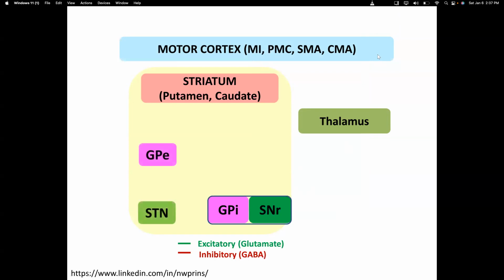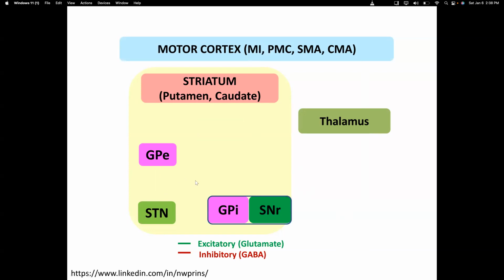Right, next we come to the indirect pathway. Now this is where the GPE and the STN come in. Here, again, the motor cortex. I talked about how the usual connection from the GPE to the STN is an inhibitory connection. And what we want to do in activating this pathway is to inhibit this inhibition.